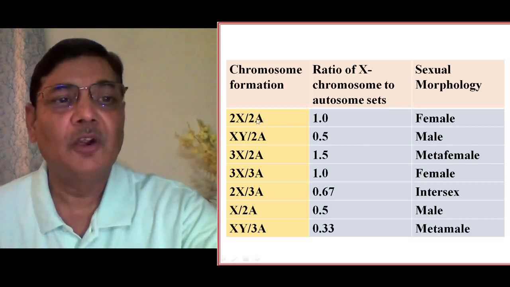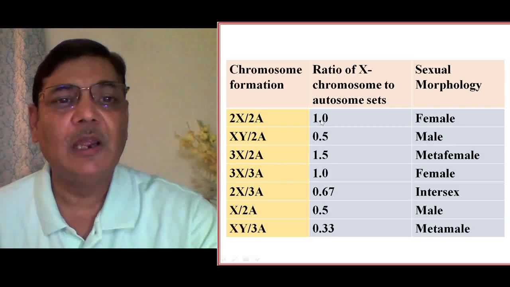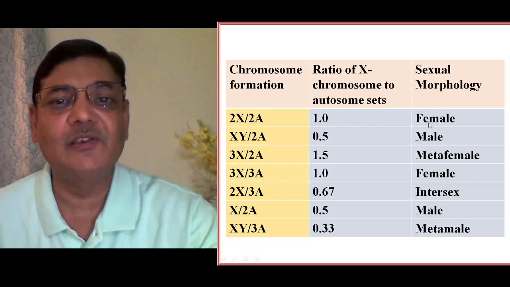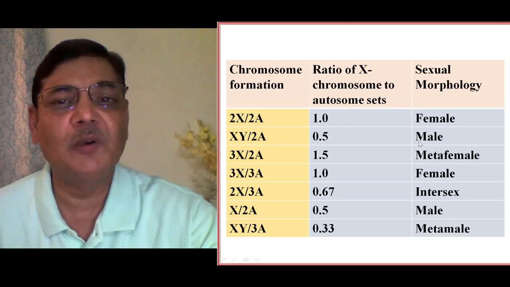Now if two X chromosomes and two sets of autosomes are there, in that situation the ratio will be 1 and female sex will be formed, as I just said. In case of male, the ratio will be 0.5, and in this case a single X will be there, so 1X and two sets of autosomes, it will be a male.